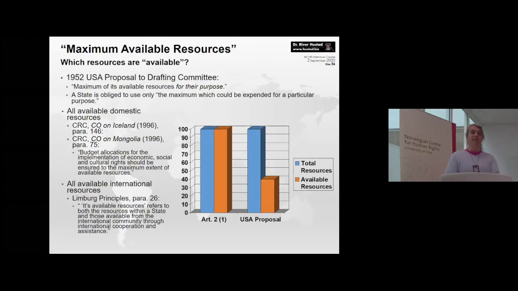So if a state budget says 40% of resources should go to development projects, then the only available resources are those 40%. And if they take the other 60% and spend it on military, well, that's not available resources, because the only ones that have been made available is the 40%. But the committee has been very clear that maximum available resources means all available resources, not what's been delegated for development or delegated for rights enjoyment. Maximum available resources is all resources.